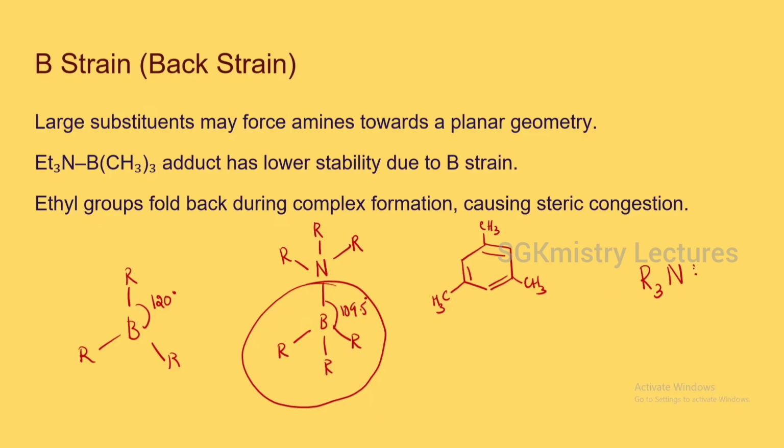But if the substituents are very large, suppose all three substituents are ethyl groups, then they are forced to open up. In extreme cases, the molecule may even flatten out. In this case, from sp3 it can change to an sp2 hybridized molecule where the lone pair of electrons will be present in the p orbital. Let us look into this in much more detail. I'll write it here itself.